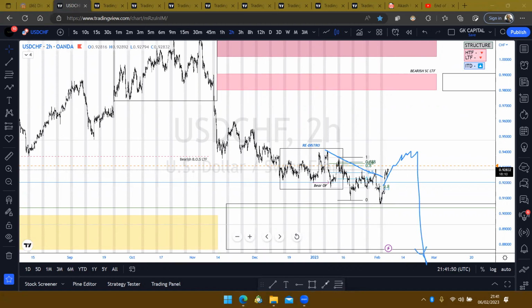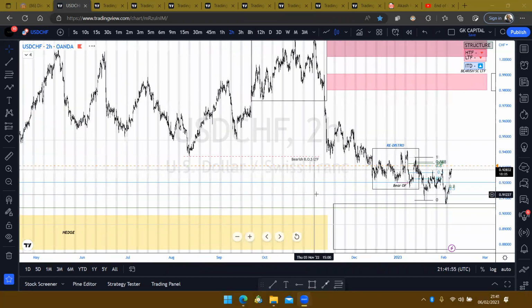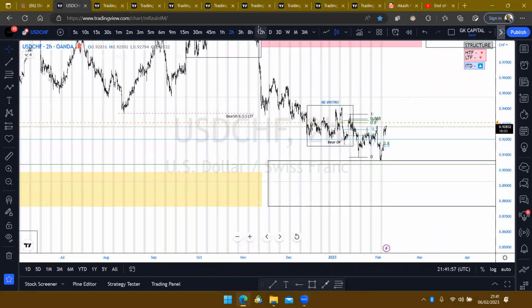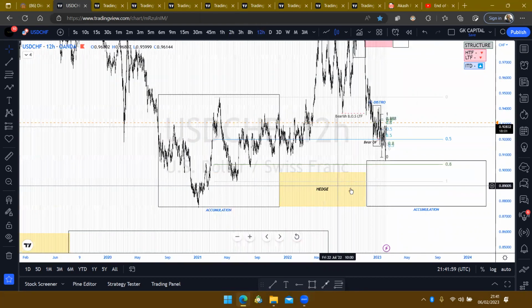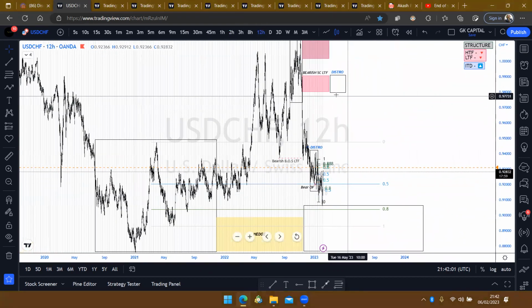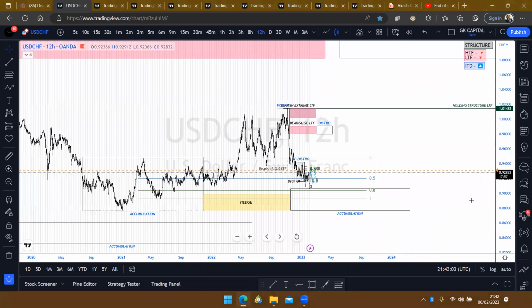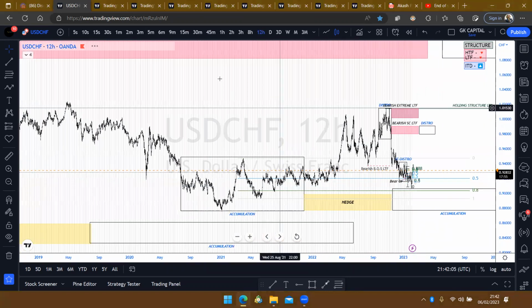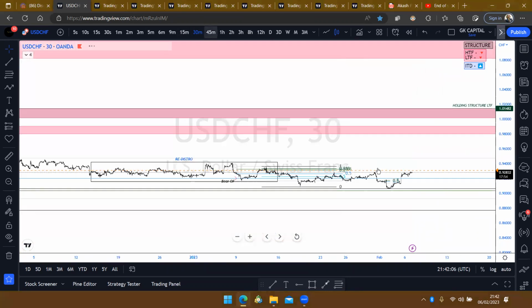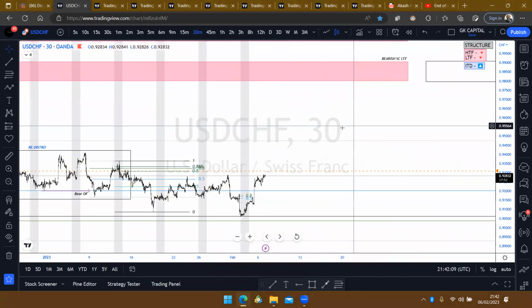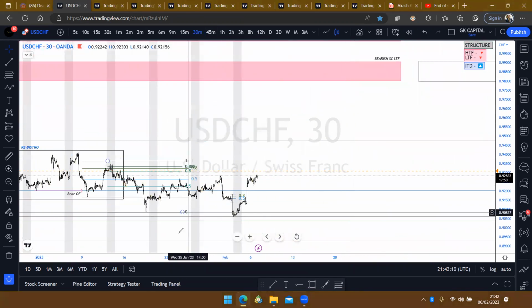But I'm waiting on two areas, and that's what I'm going to be waiting on. I've got this buy opportunity here, this hedge opportunity here, and then I've got this sell opportunity here, and I think that's it. And then the only thing is I would then play the continuation once we make, for example, this, and we come up, and then we make this high, because then we've got some sort of accumulation going on.